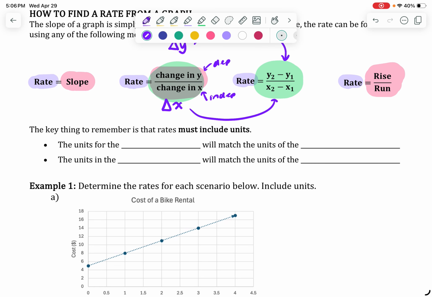Rates. Again, grade 11, we are focusing on the context because we are applied math. Everything has to be application based. So the units are really, really important. Last year, your slope, you just told me it was 7 or negative 2/5. But this year, the units for that slope will matter. The units for that rate will matter.